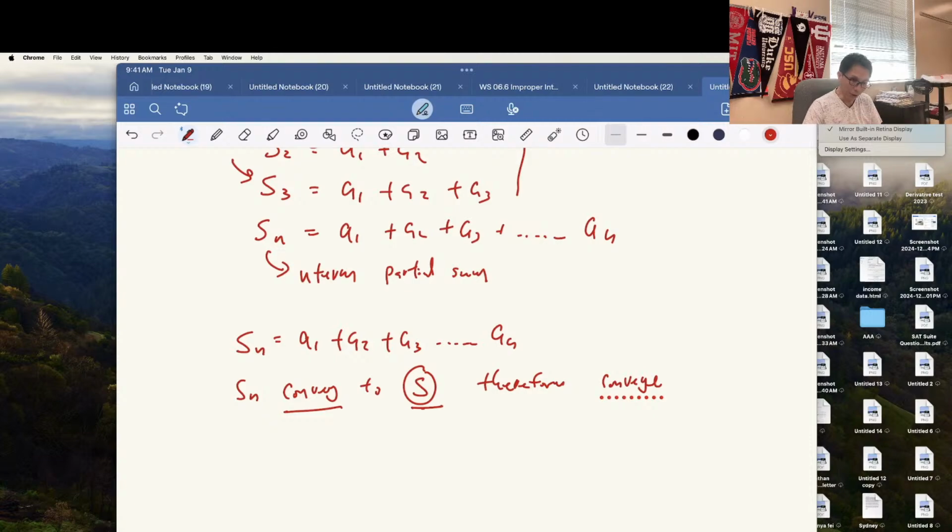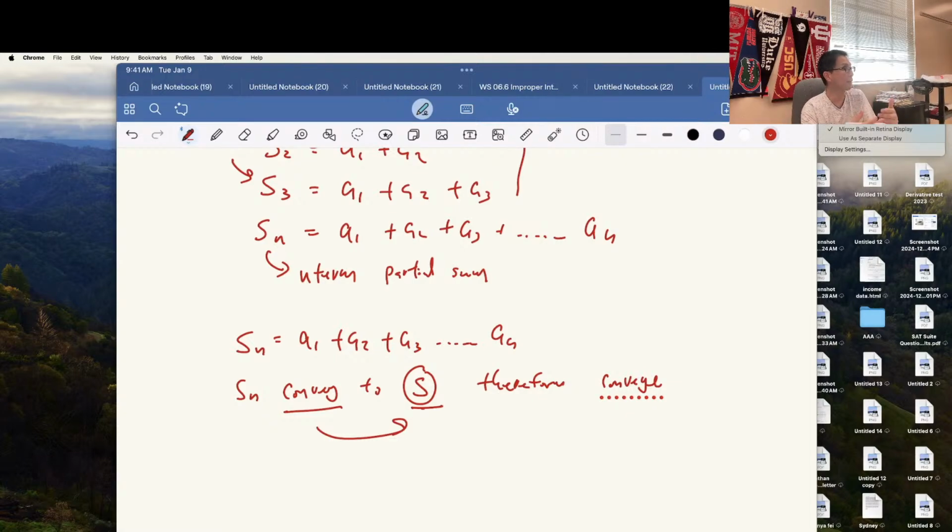So if a series converges to S, that S is going to be a finite number. If it's a finite number, then the series converges to a certain number.